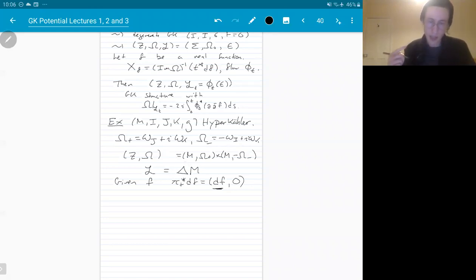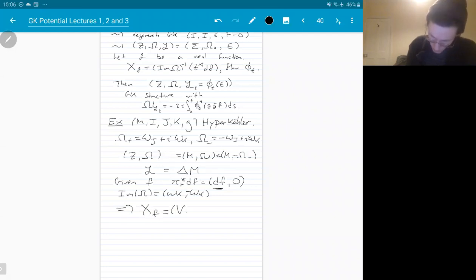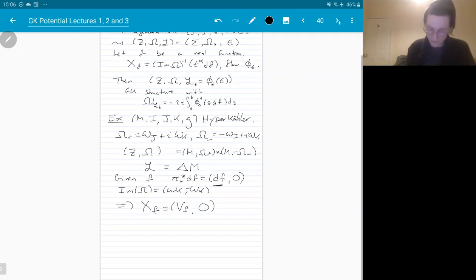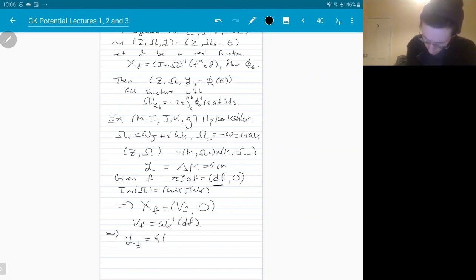And then if we flow with the imaginary part of omega, which is omega k minus omega k, sorry, then the Hamiltonian vector field will be just of the following form like this, where VF is the Hamiltonian vector field with respect to this omega k. And so what that means is that once we flow to get this deformation of the hyperkähler into a generalized Kähler, then L of t will no longer be the diagonal copy of M. It's going to get deformed by the flow of this vector field.